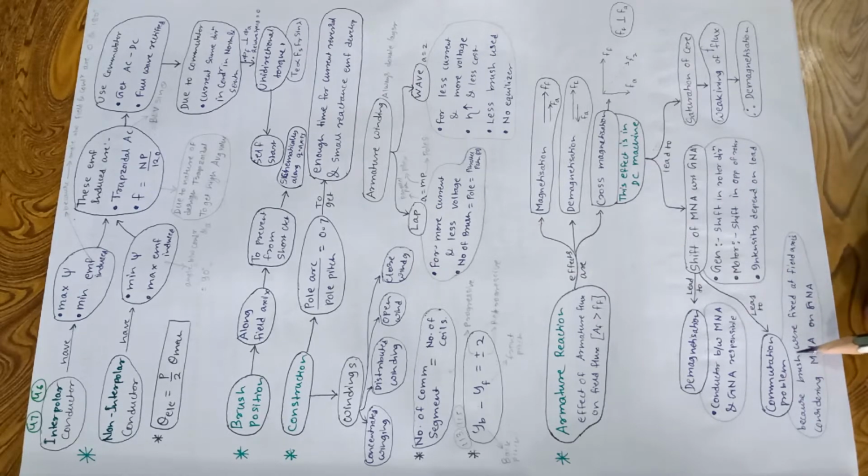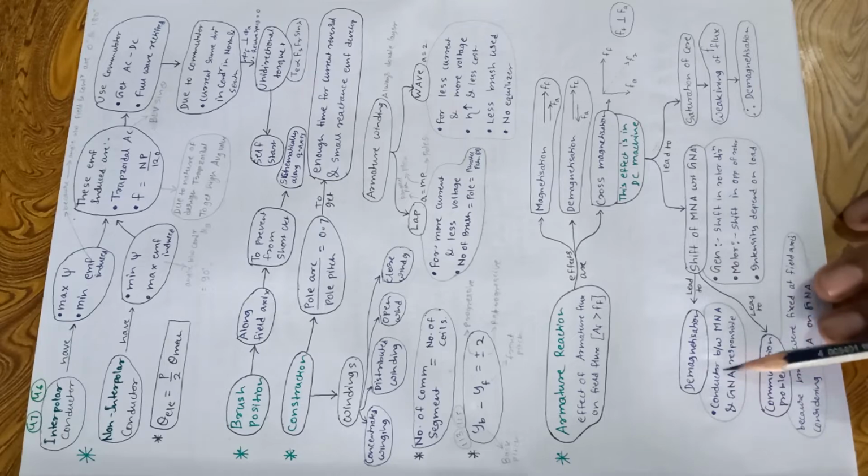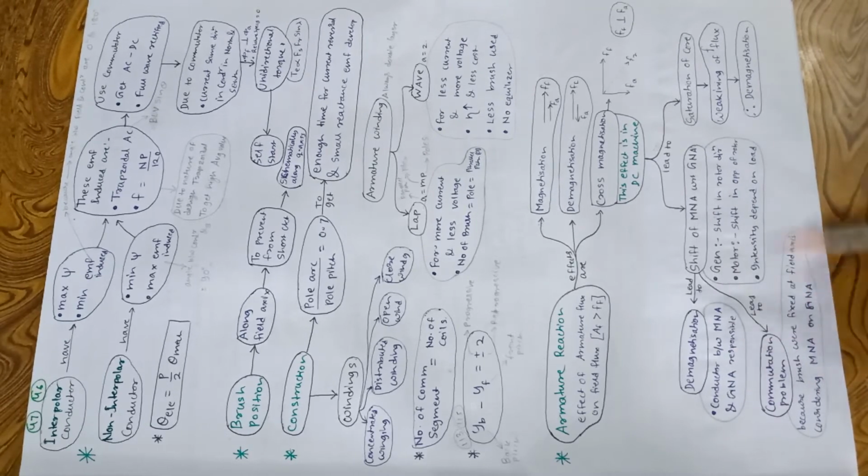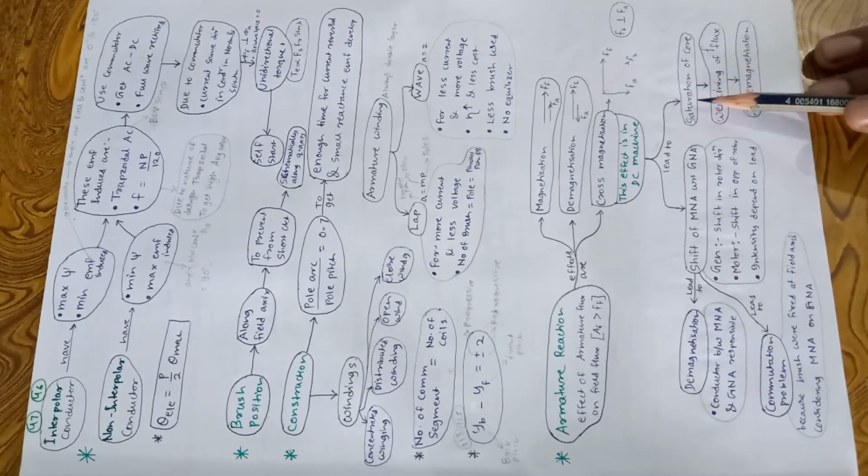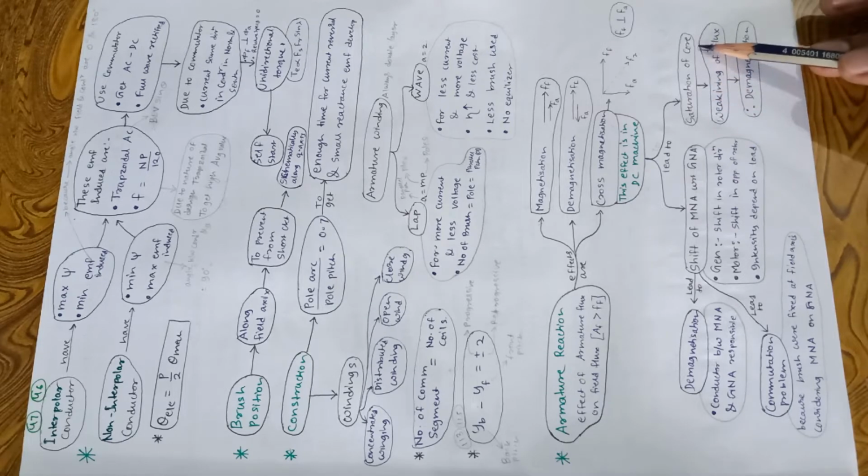That's why commutation problem is also seen. And there are two types of demagnetization. Demagnetization due to the conductors between MNA and GNA, and also demagnetization due to saturation of core. Saturation of core means weakening of field flux, so therefore demagnetization.